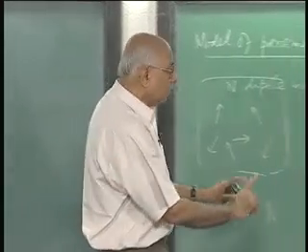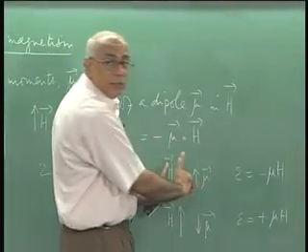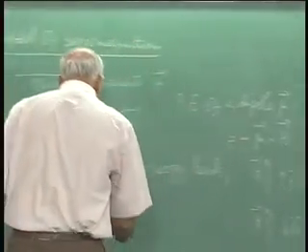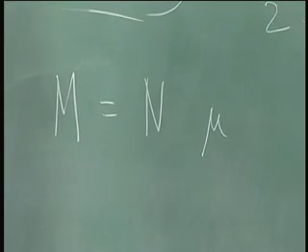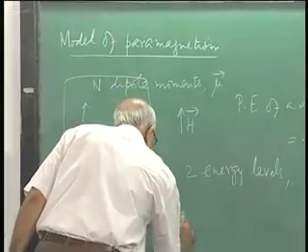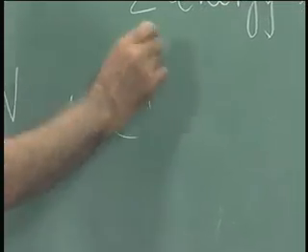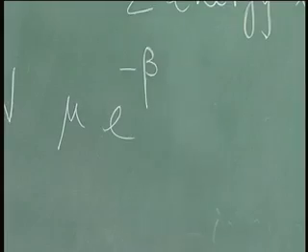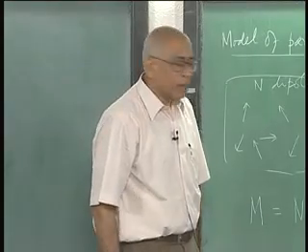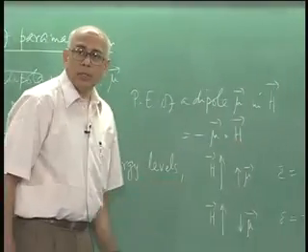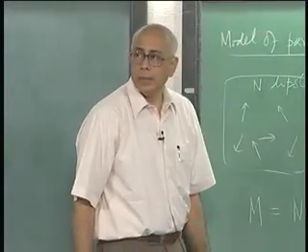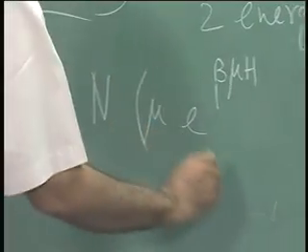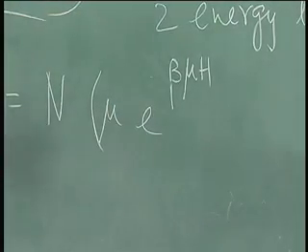Well, if the dipole is in this fashion up there, then it contributes an amount mu, but the probability with which it does so is proportional to e to the power minus beta times the corresponding energy. That was our rule in the canonical ensemble, but the energy was minus mu H, so this becomes e to the beta mu H, divided by a normalization, the partition function.